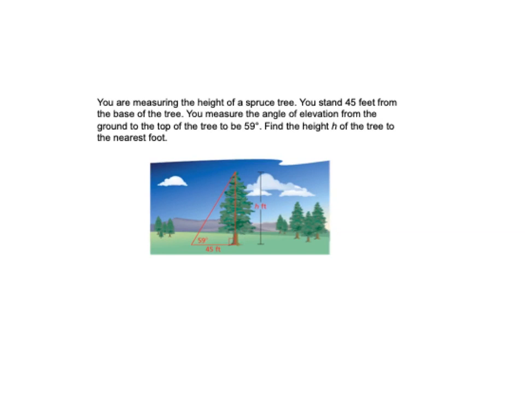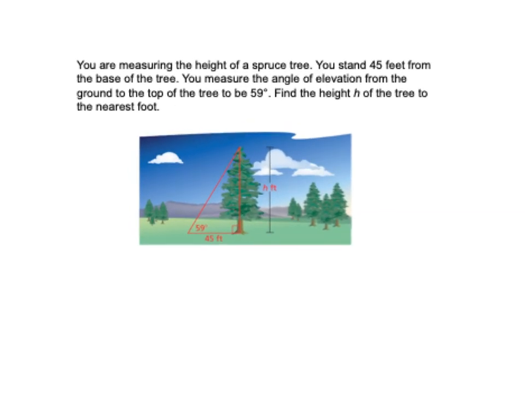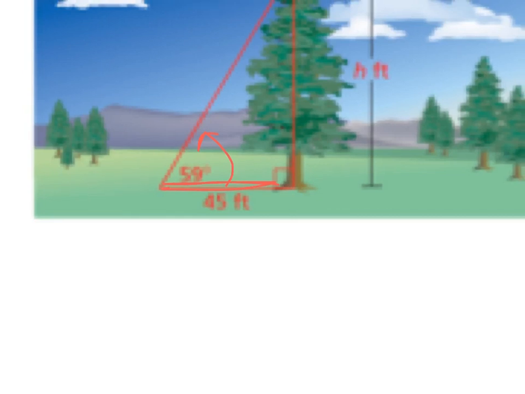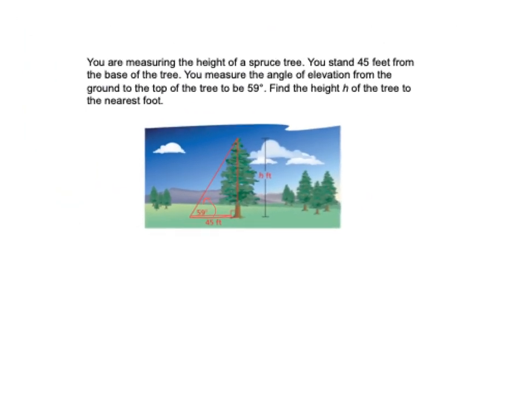Okay, so you can actually use these in a couple of ways here. So if we are standing so far away from a tree, and we knew the angle of elevation. Angle of elevation is here's the bottom, how far up it goes. That would be an angle of elevation. Okay, so I'm measuring how tall the spruce tree is. I have an angle of elevation.